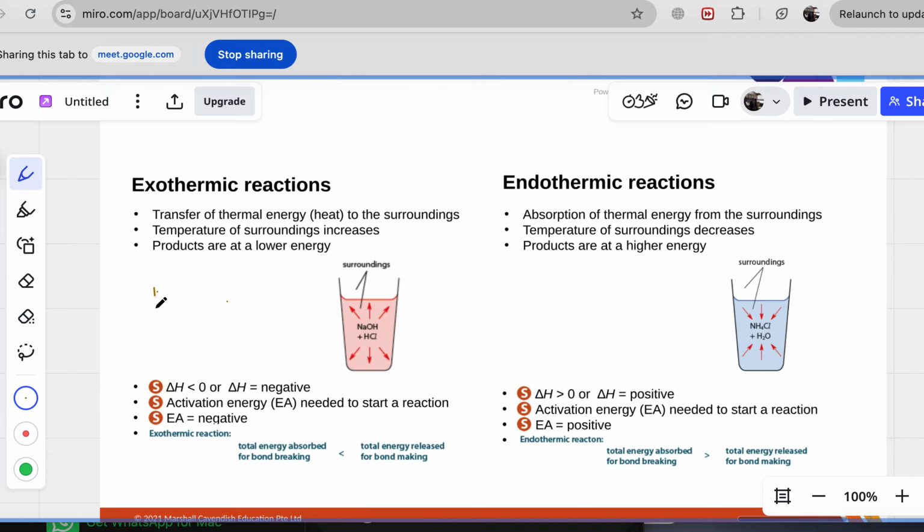Let's say hydrogen reacts with oxygen to form water, for example. I just wanted to show bond breaking and bond forming.